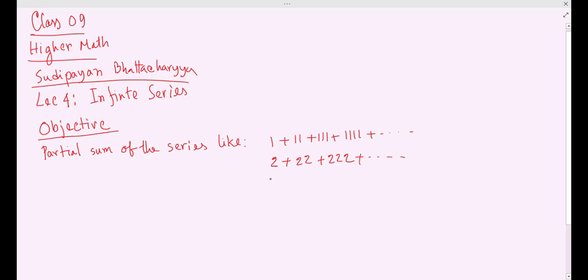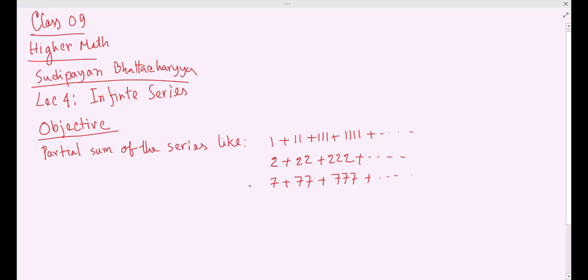Or another series like 7 plus 77 plus 777, like this. You can build up this kind of series using any of the digits 1, 2, 3 up to 9.